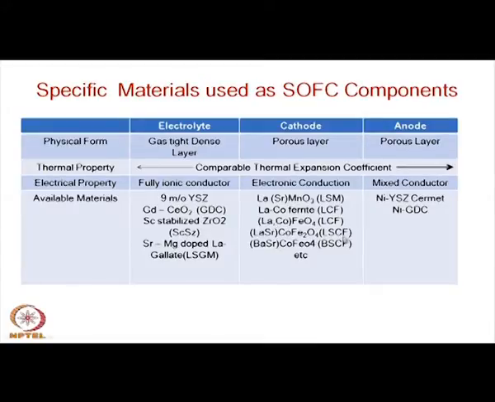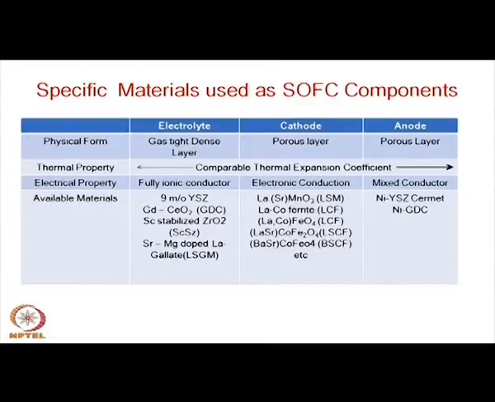There are many other ferrite kind of compounds that have been tried and are being tried, like lanthanum cobalt ferrite LCF, lanthanum strontium cobalt ferrite LSCF, and barium strontium cobalt ferrite BSCF. These are different kinds of ferrites, also having very good electronic conductivity.